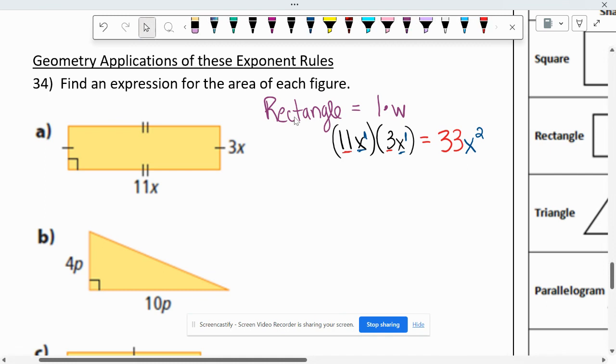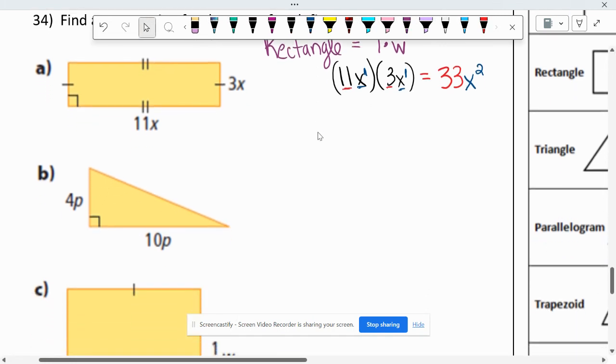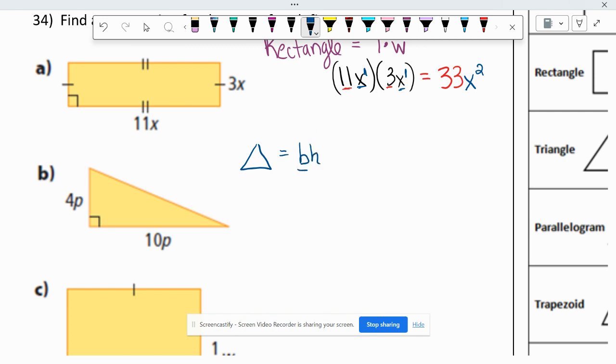Okay. For my triangle, if I want to calculate the area of a triangle, I take the base times the height and I divide it by 2. My base, 10p, times my height, 4p, divided by 2. What is 10 times 4? 40.